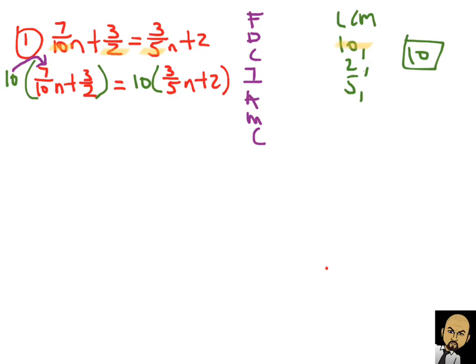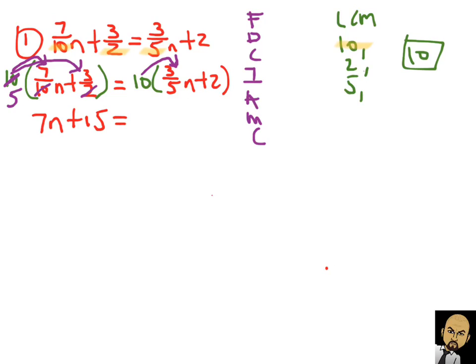When you multiply 10 times 7 tenths, you see that the 10s cancel out, and so you end up with 7n. Then you have to distribute the 10 to the 3 halves. Well, remember that the 2 goes into 10 5 times, and so 5 times 3 is 15, but you might want to do your work on the side because this seems really confusing.